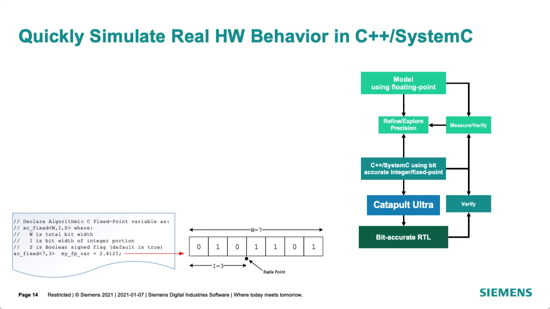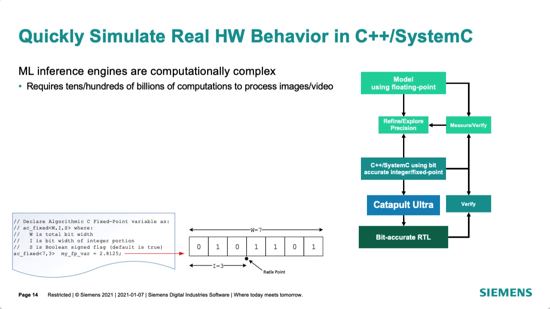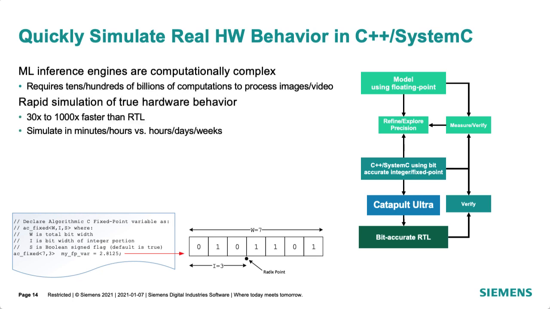High-level synthesis gives designers the ability to quickly simulate the real hardware behavior in C++ or SystemC. Machine learning inference engines are computationally complex, often requiring tens, if not hundreds of billions of computations to process a single image or frame of video.